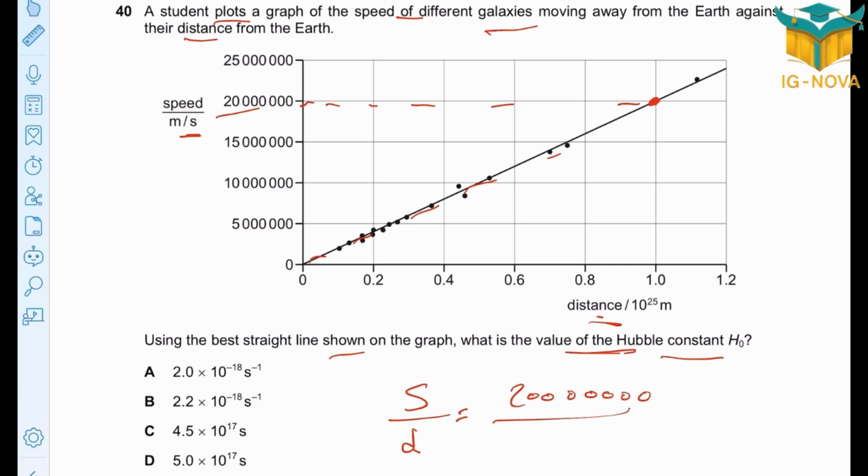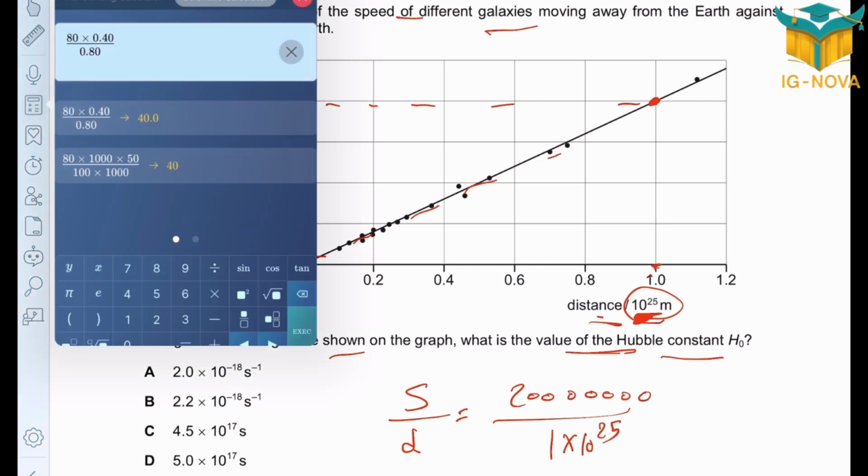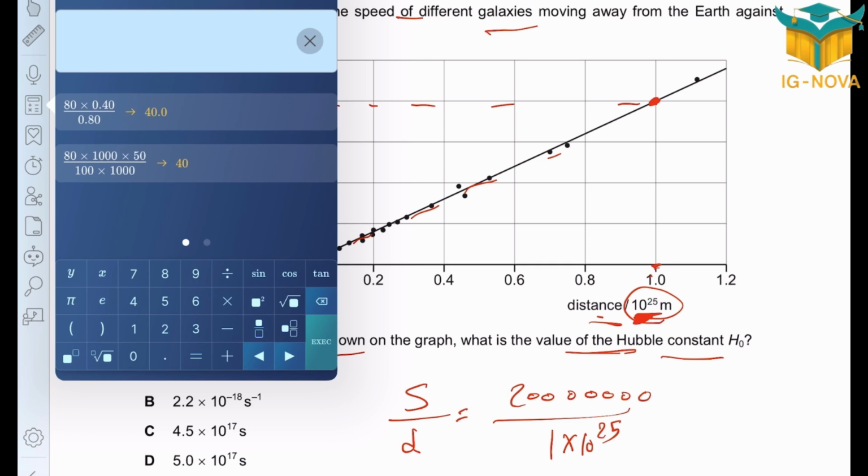And distance is 1, but don't forget it's 1 times 10 power 25. For that, let's calculate. Here is 20 million, 1, 2, 3, 1, 2, 3, over 1 times 10 power 25.